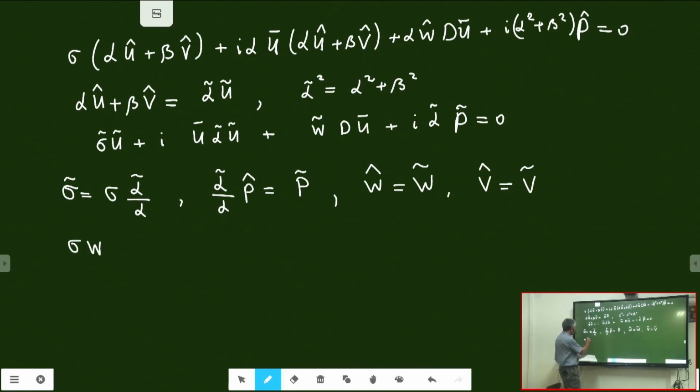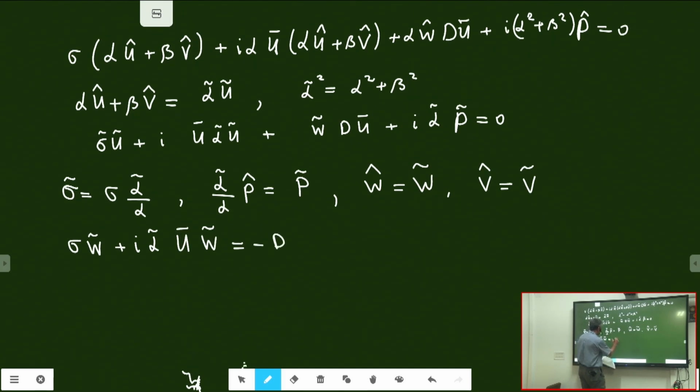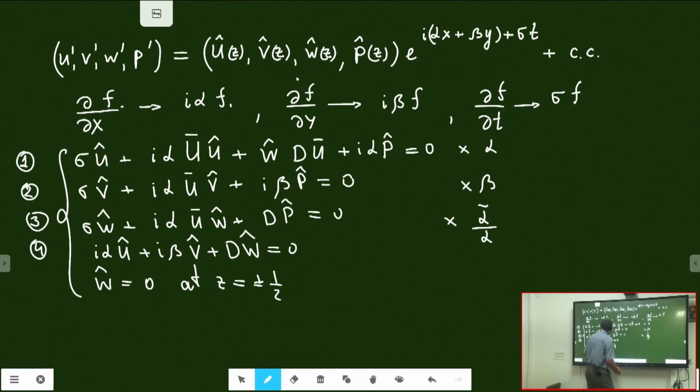sigma w tilde plus i alpha tilde u bar w tilde is equal to minus dp tilde. It's just a formality, so let me go back and see what happens. If I multiply by alpha tilde and divide by alpha, I will get sigma multiplied by alpha tilde divided by alpha, which is sigma tilde, right?